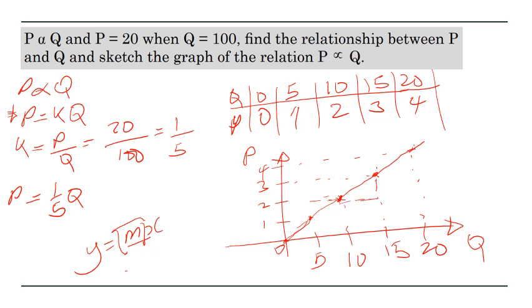If you are given a graph like this one, you can find the gradient and come up with this relationship, because the gradient is change in y divided by change in x. Here change in y is 1 and change in x is 5, so 1 over 5. Here it's the gradient, but here it is k. So those are the relationships that are there.